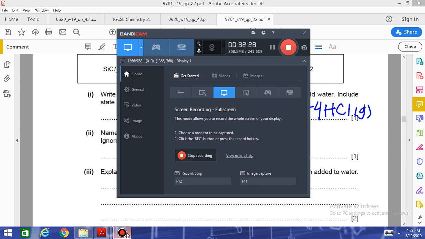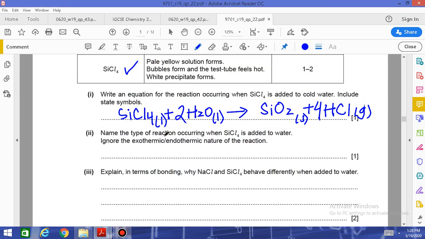Next. Name the type of reaction occurring when silicon tetrachloride is added to water. Ignore the exothermic or endothermic nature of the reaction. Silicon tetrachloride is a covalent compound.